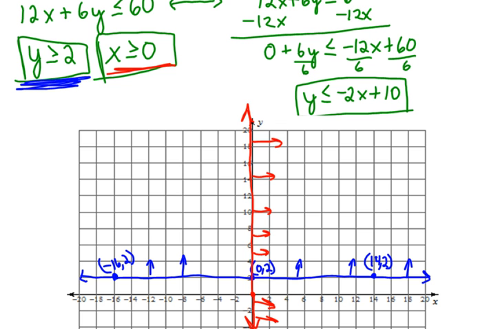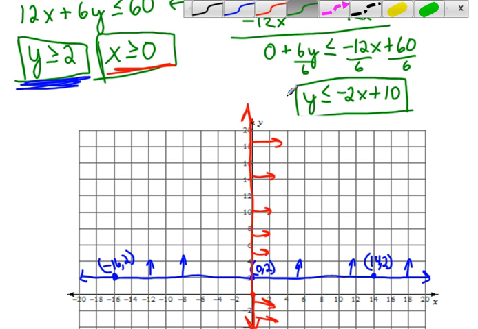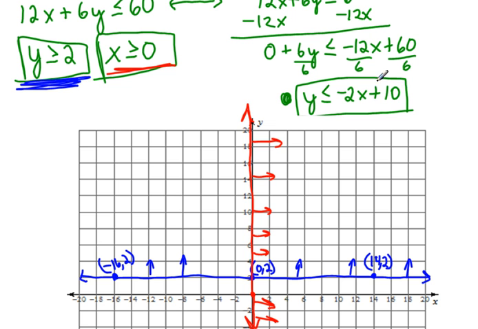And the last one to graph is this guy right here. This number 10, that's my y-intercept. That's where it crosses the y-axis. So I put a dot here at 10. My slope is negative 2, which means I'm going to go down 2 and over 1, down 2, over 1, down 2, over 1.